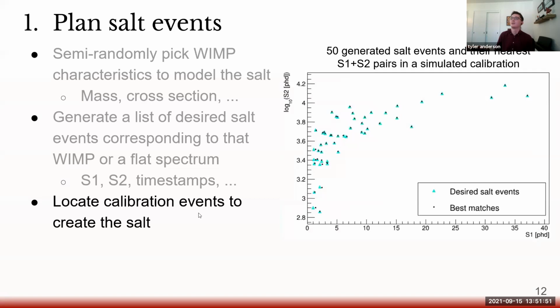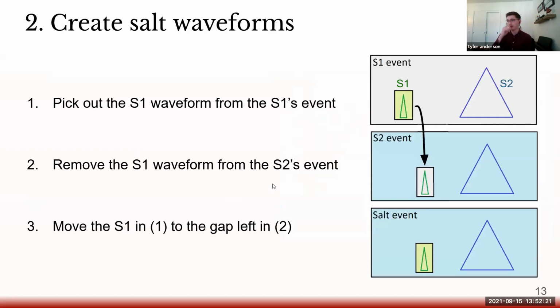Once we have ideas of where we want the salt to go, we start going through calibration data, looking for good matches for those S1s and S2s. This plot on the right shows matching using a simulated radon 220 data set to verify that we have pretty good matching between where we want the salt to go and where we can find S1 and S2 waveforms that will match that salt. Once we have identified the calibration events, we chop and stitch them together.